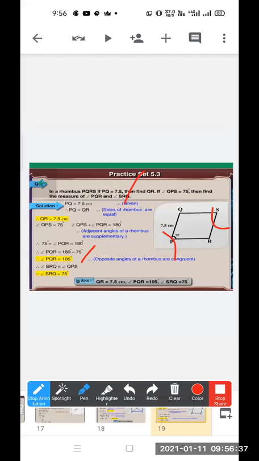Therefore angle SRQ is 75 degree, because they are opposite angles, and opposite angles are congruent. I hope it is clear to all. I think we have to wind up now.